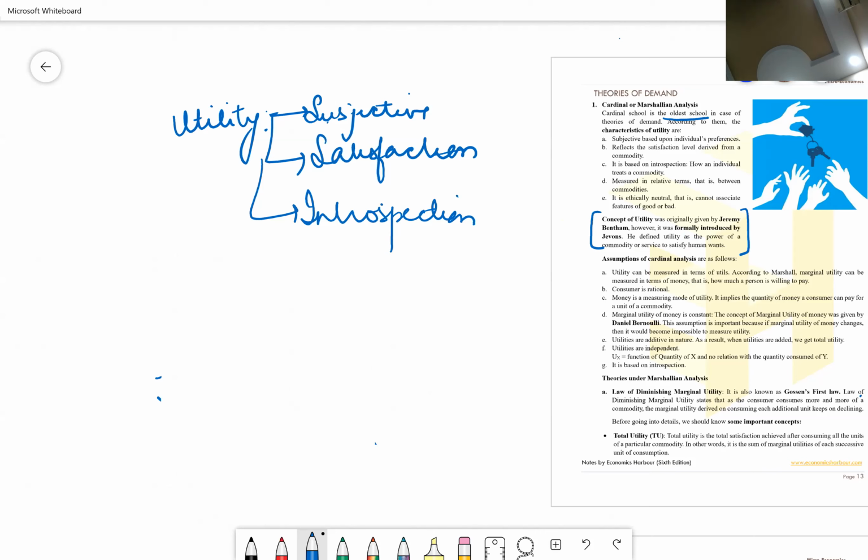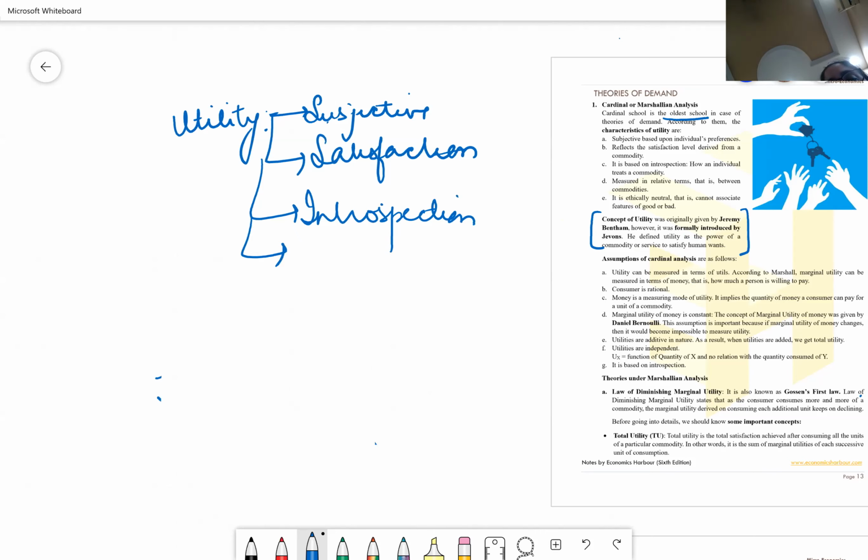Like, for example, some might prefer fine dining over street food, and it can be the opposite case in case of some individuals, and so on. So the concept of utility is based on introspection, that is, how one individual perceives a commodity, right?